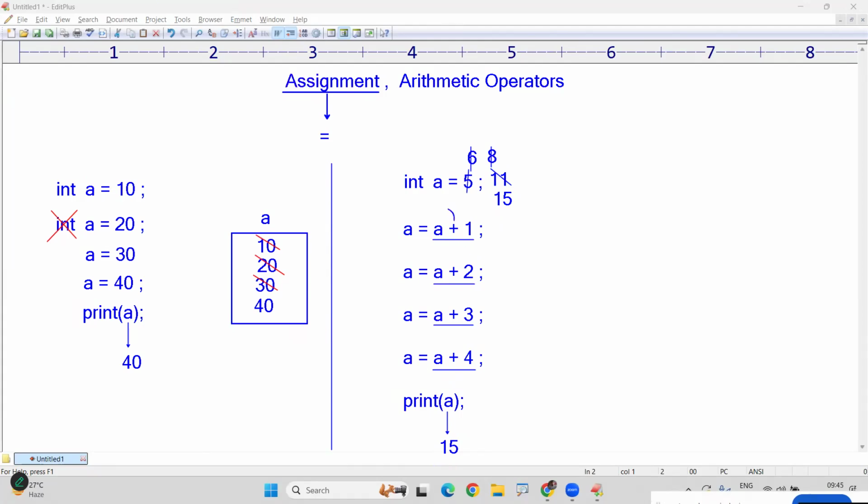After execution of that logic, the assignment operator is used to assign the value into the variable. Okay, please write this. I'll give you a few questions to practice.